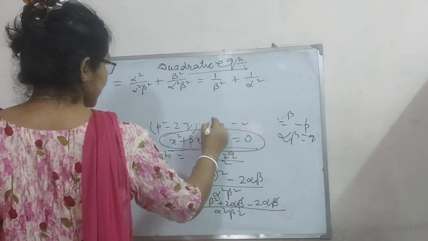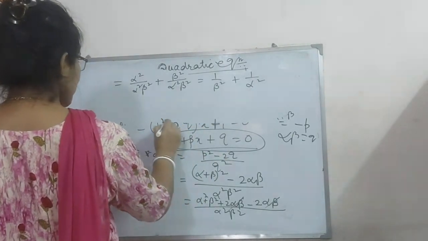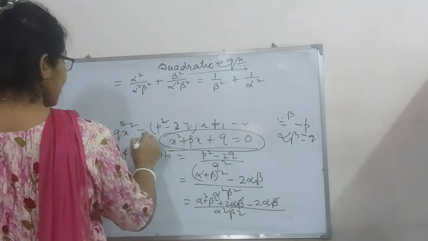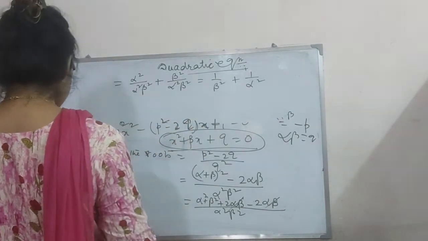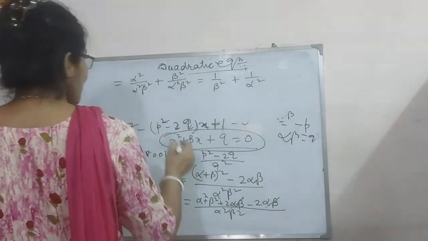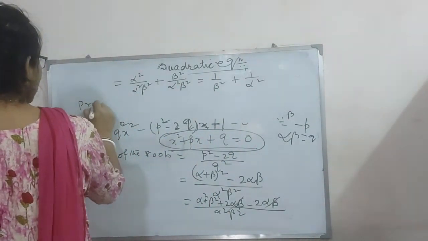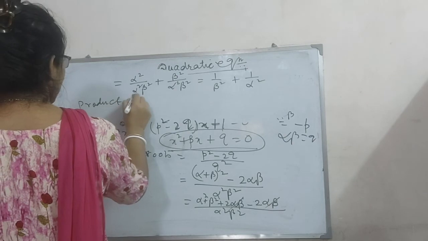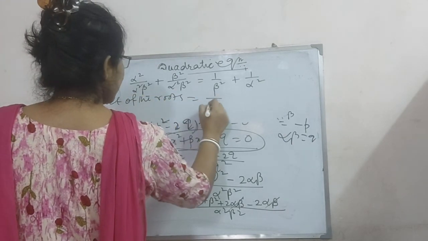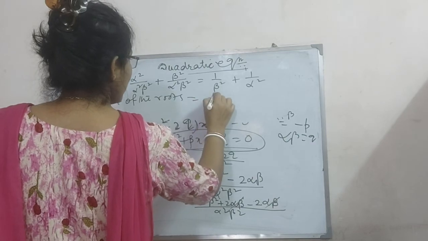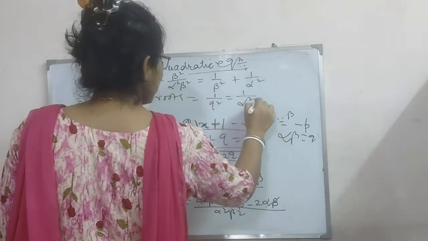And the product of the roots, here the equation is q square x square minus p square minus 2q into x plus 1. So product of the roots equal to 1 by q square, that is equal to 1 by alpha square beta square.